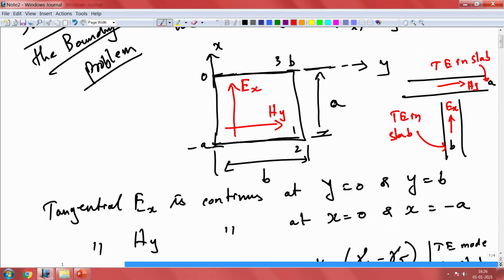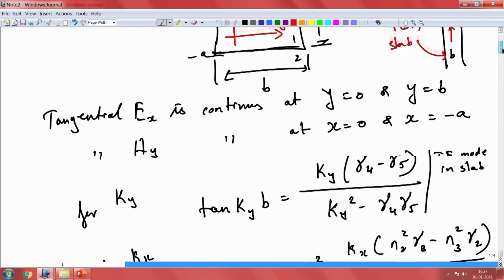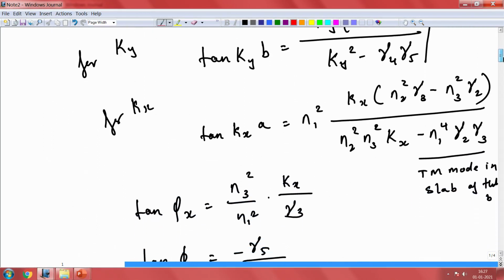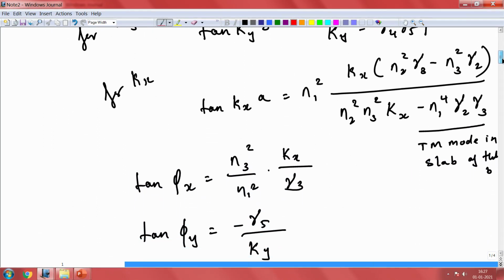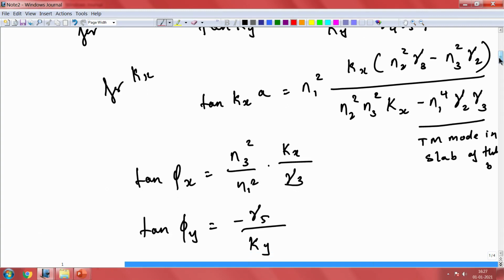and continue solving. Okay. So, similar to what we have done for the slab waveguides, the two solutions are coupled now with the propagation constant beta. Okay. That is what we see, where your kx and ky are nothing but the transverse components.